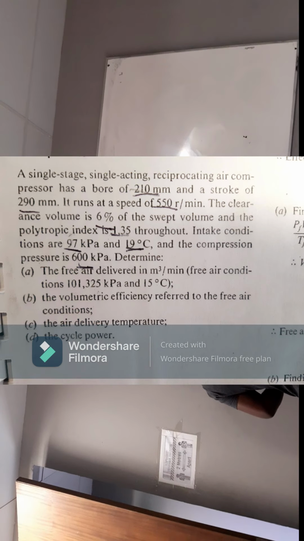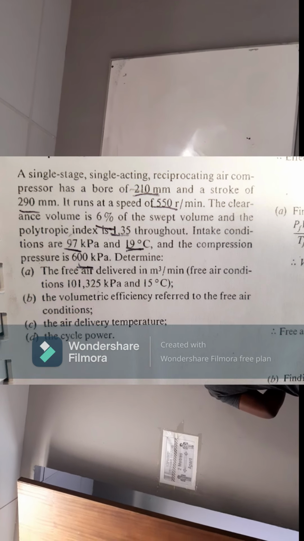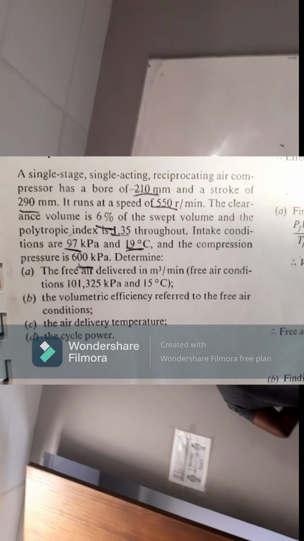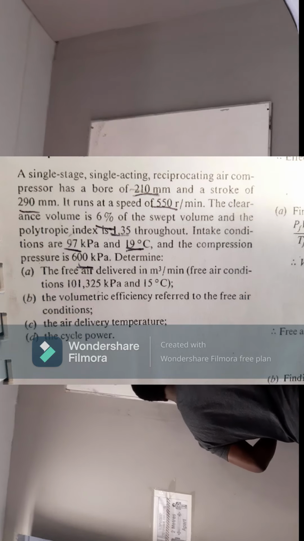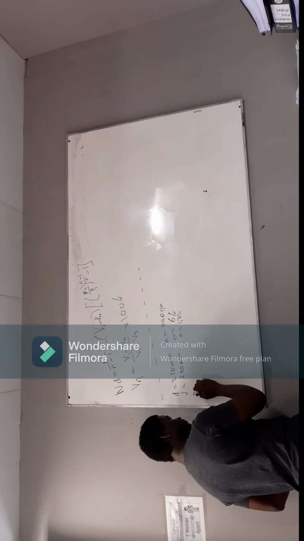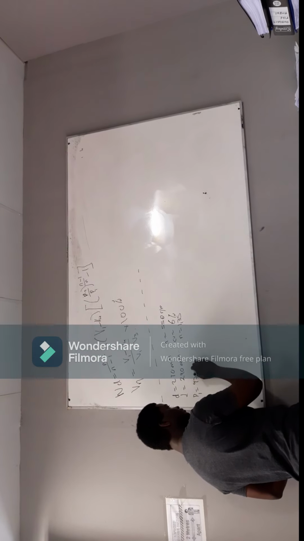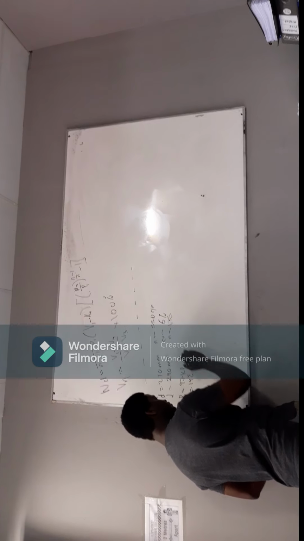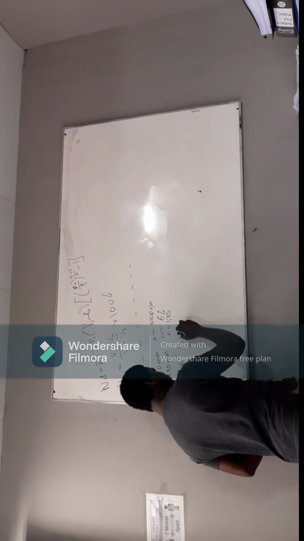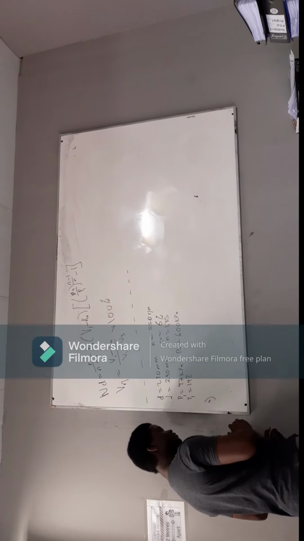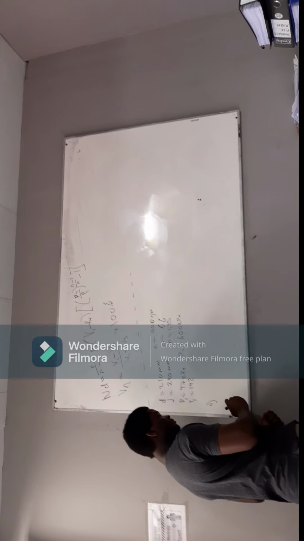The clearance volume is 6% of the swept volume, and the polytropic index is 1.35 throughout. Intake conditions are 97 kilopascals and 19 degrees Celsius, and the compression pressure is 600 kilopascals. Determine the free air delivery in cubic meters per minute.